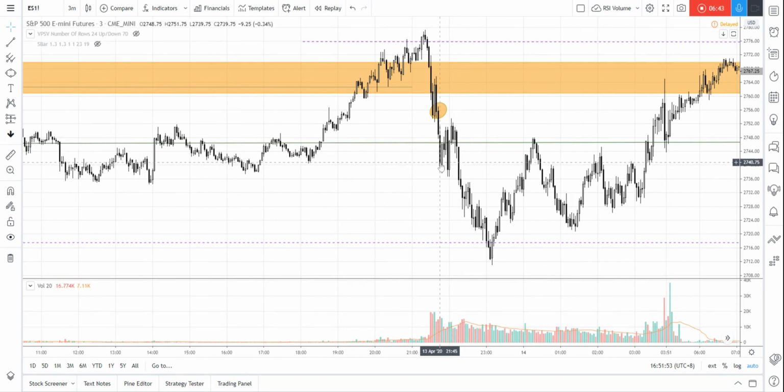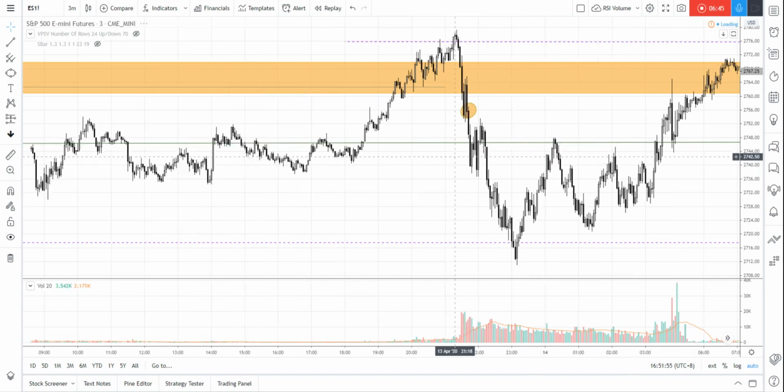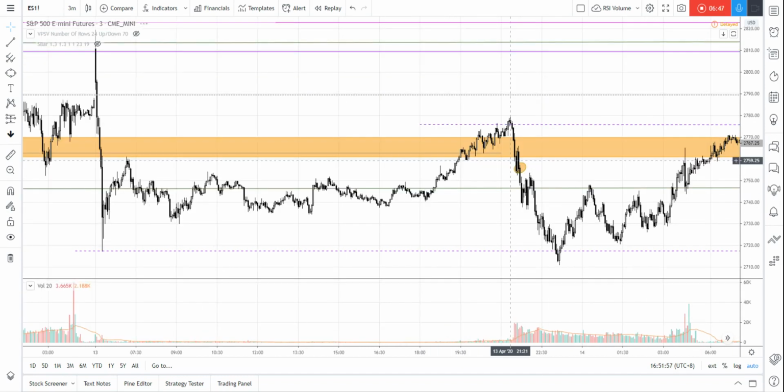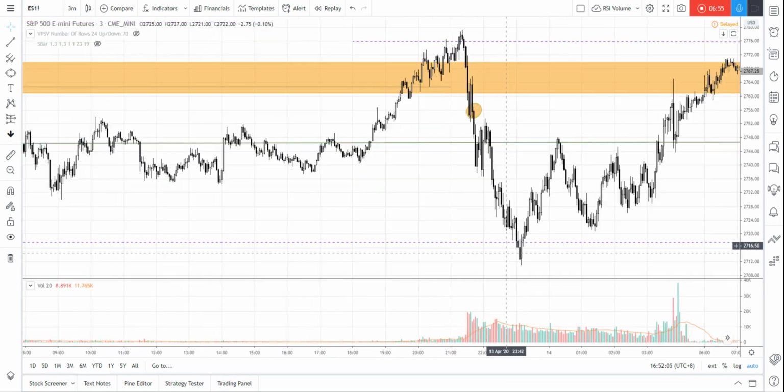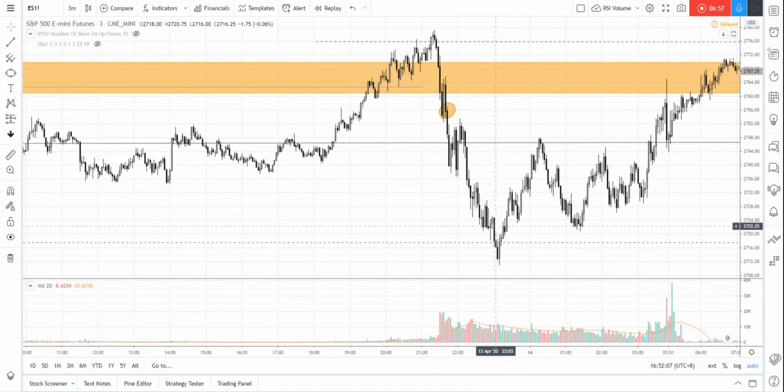But I left the rest of my position at lower levels. Another lower level that we can look at is the non-RTH low formed here. Once it reaches here, I exit the other portion of the trade. So this is just a very simple trade.